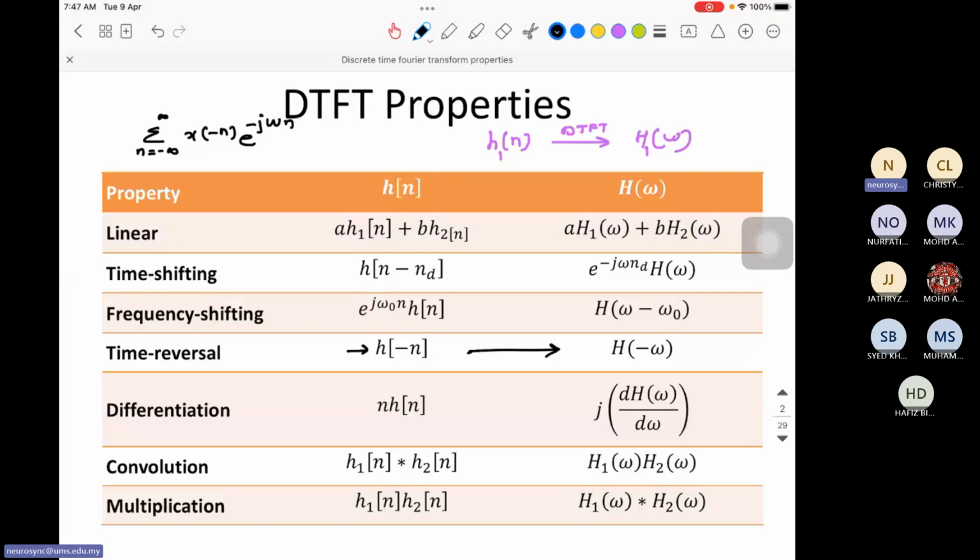If you put minus n equal to m, what will you get? You will get summation over m from minus infinity to infinity of x of m, e to the power minus j, now this is minus omega into m.